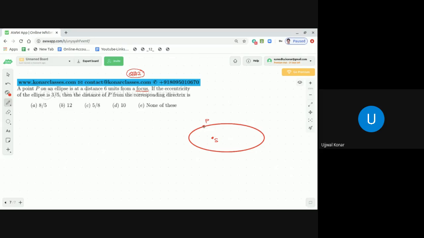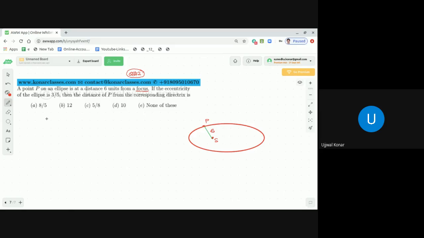And what we know is that PS, the length of this line segment. Let me draw it in a different color. What you see in the green color, that line segment is actually PS. And according to the question, it is given as 6 units. Correct? And eccentricity is also given.